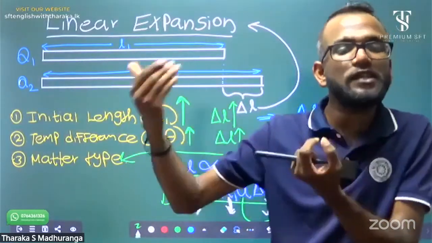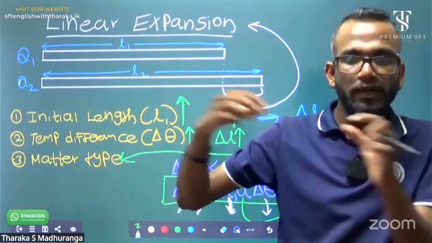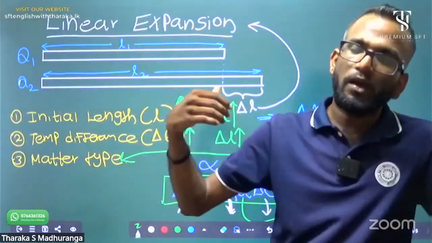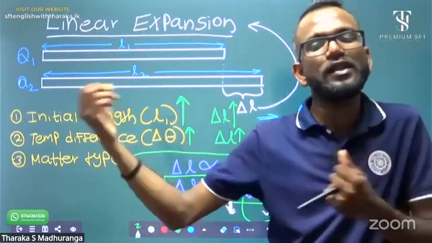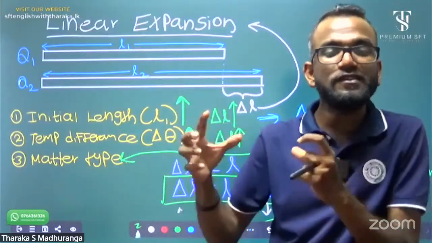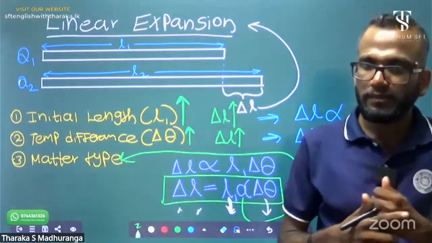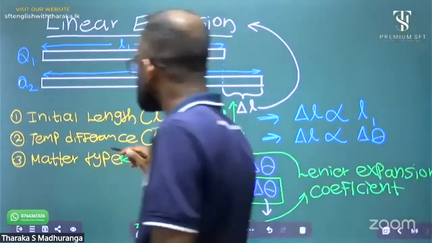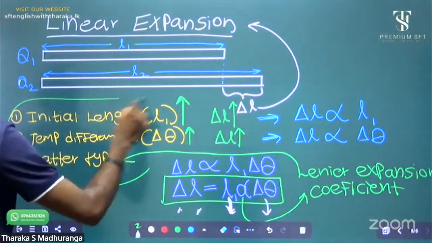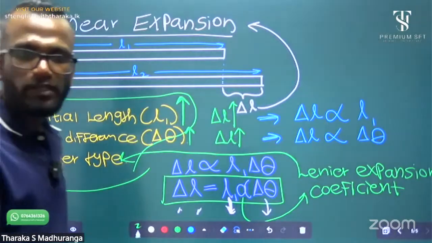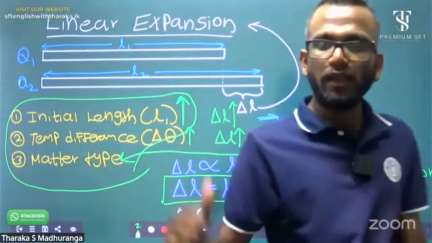Plastic has another value, concrete another value, iron another value, wood another value. From material to material, this constant will change. Understood? That's why I told you there are three main factors that affect the linear expansion.